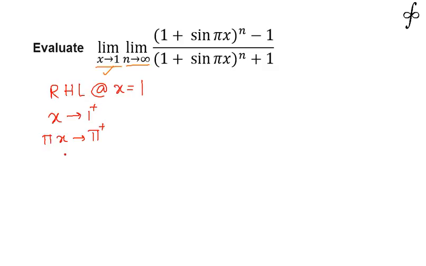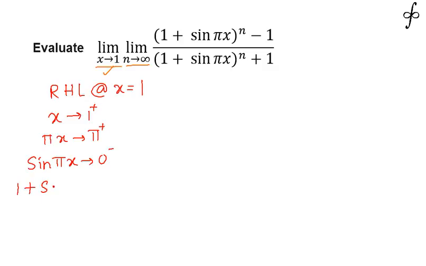An angle slightly more than 180 degrees is in the third quadrant, and since it is in the third quadrant, sine pi x is a negative quantity, slightly less than 0.